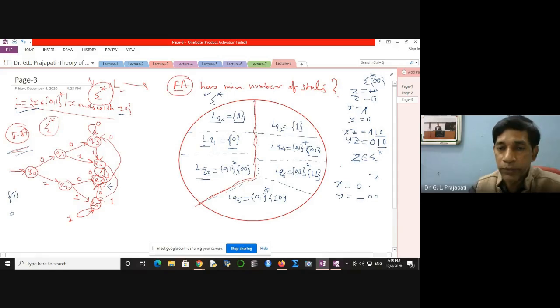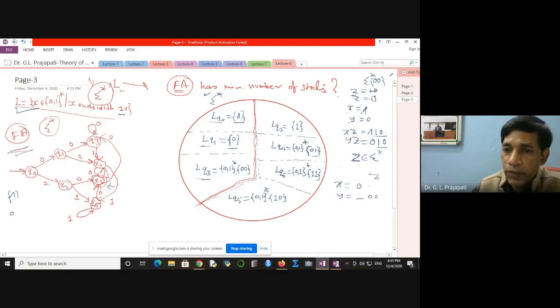Similarly, you can also find that the string 1 and the string from the set LQ4 are not distinguishable. The strings from the set LQ2 and LQ4 cannot be distinguished. Why is it so?